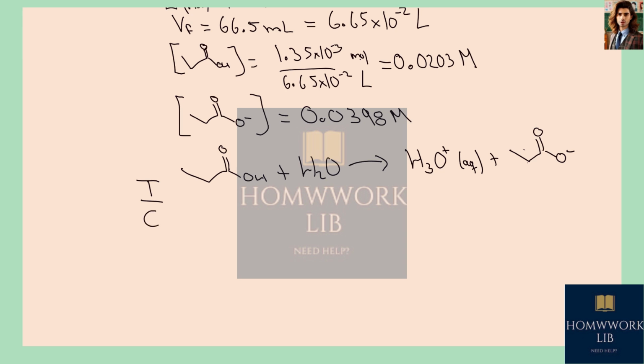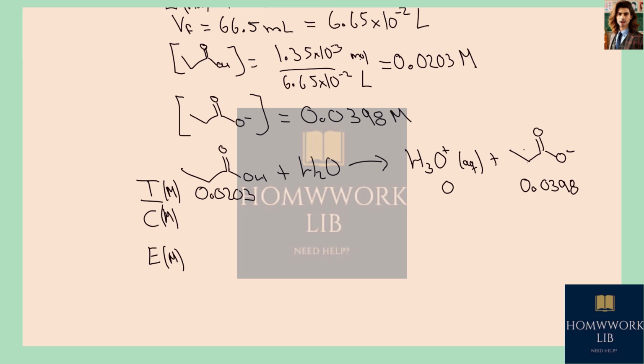Okay, so let's go again with our ICE table. In this case, we're going to do it in concentration, in molarity, because we already have the concentrations for each of them. For the propanoic acid, we know that the starting concentration is 0.0203. We know that the concentration of the propanoate is going to be 0.0398.